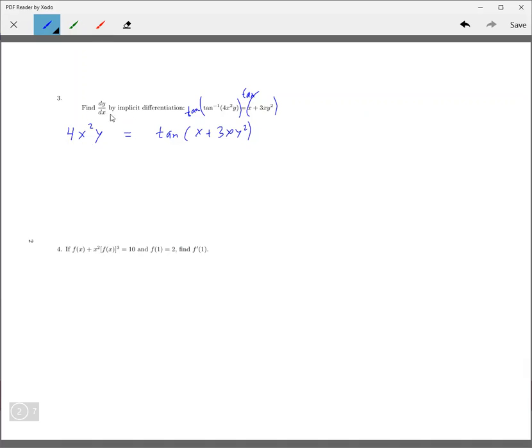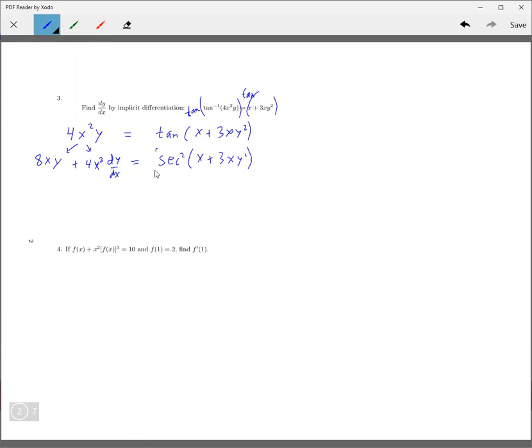Okay, so now we do implicit differentiation, and this term right here is product rule, so it's going to give us the derivative of this, which is 8x, times that, plus this one times the derivative of this, which is dy/dx. Over here, the outermost function is tangent. The derivative of tangent is secant squared, so you would just put that in there.